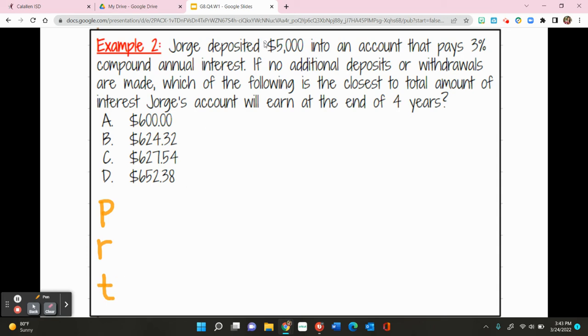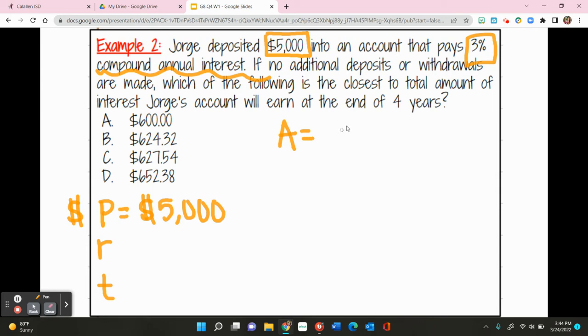The problem tells me he deposited $5,000, so this is my principal, because remember, your principal is your money. It pays 3% compound annual interest, so since it's compound interest, I'm going to use the formula A equals P, parentheses 1 plus R, to the power of T. My interest rate, again in the form of a percent, is 3%.